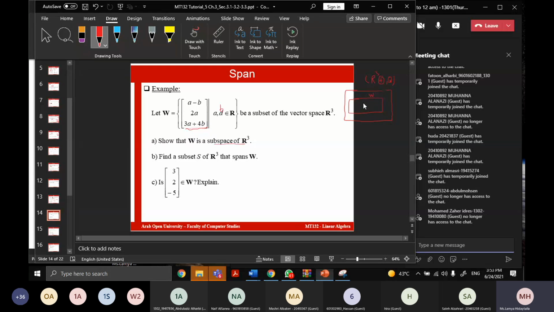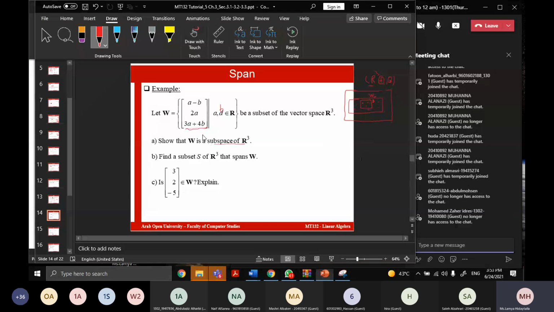If I can find some elements, a set S, that generates all the other elements in W by linear combination, I'm done. So immediately W is a subspace of R^3 with addition and scalar multiplication.